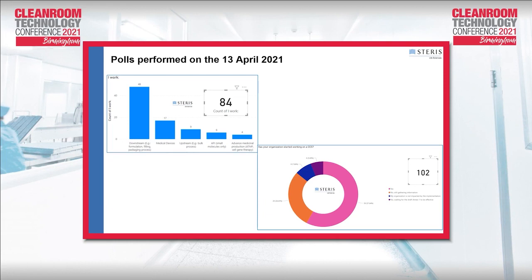We can see that 57% or 58% said yes, while 28% said no, and others are waiting for the draft Annex 1 to be effective, at least to assess the impact of this Annex 1. I believe this has been a draft for a long time, so I guess it is good to take the step in advance and to look at implementing something, or at least having an assessment of what needs to be done.